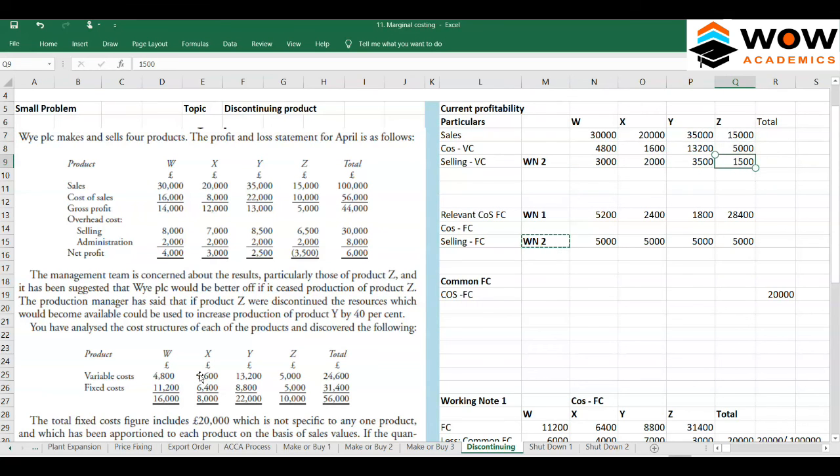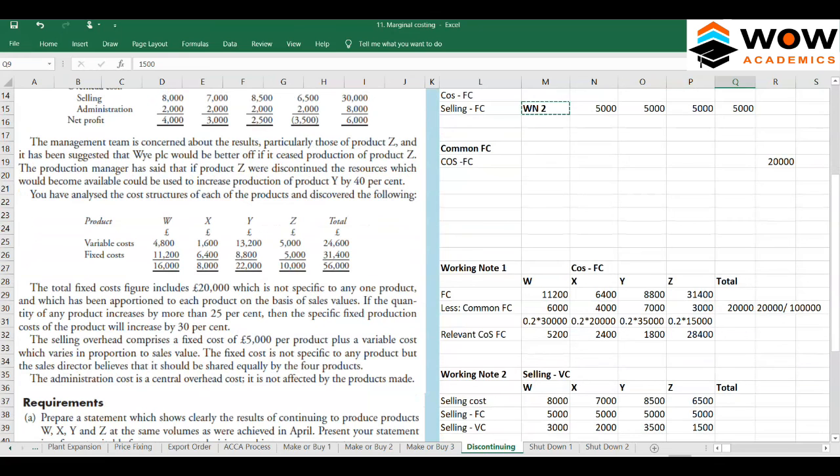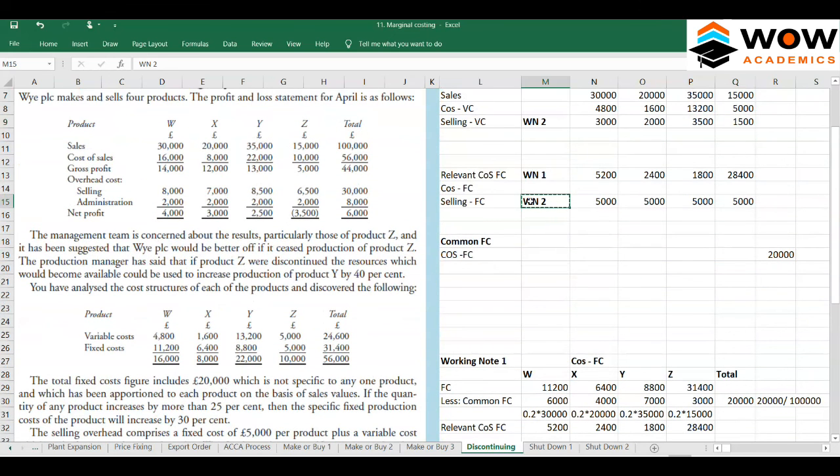So I think it is 10% of the sales value, which matches perfectly. And the last part is the fixed cost is not specific to any product, but the sales director believes that it should be shared equally by 4 products. So this 20,000 is not at all a relevant number. Okay, it's not a specific fixed cost.